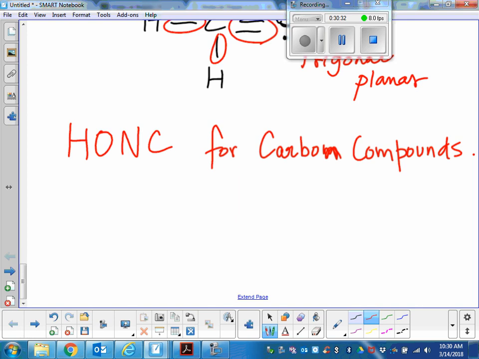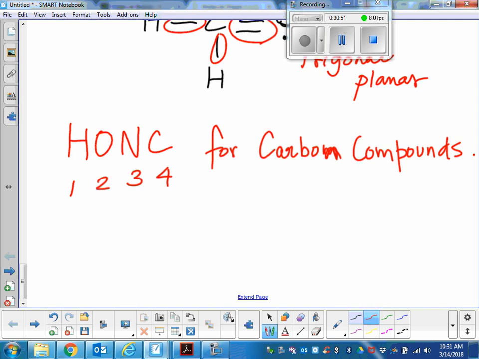What does that mean? Hydrogen will form how many bonds? 1. Oxygen will always form how many bonds? 2. Nitrogen will always form how many bonds? 3. Carbon will always form 4.